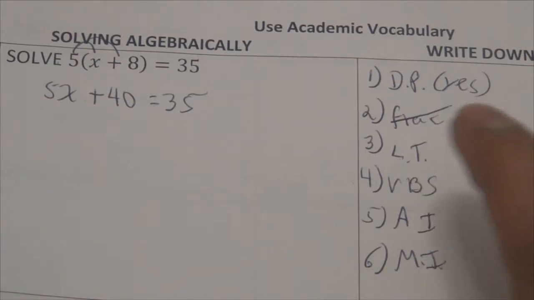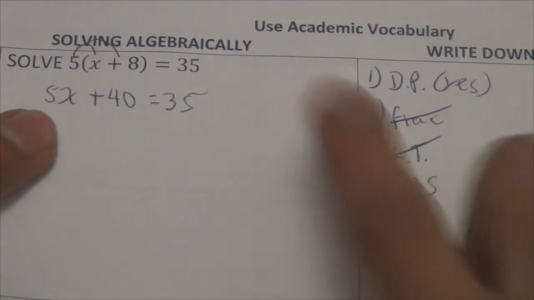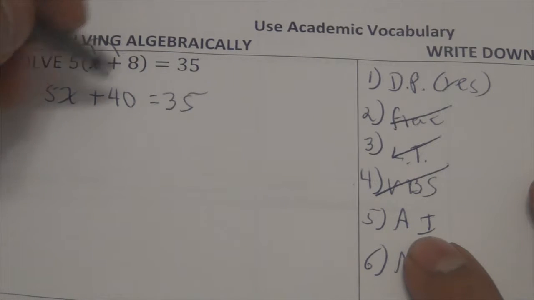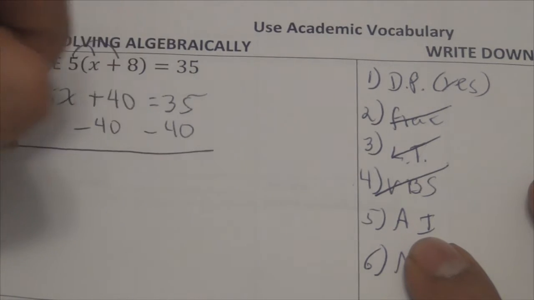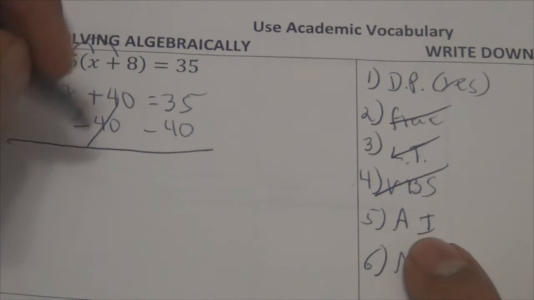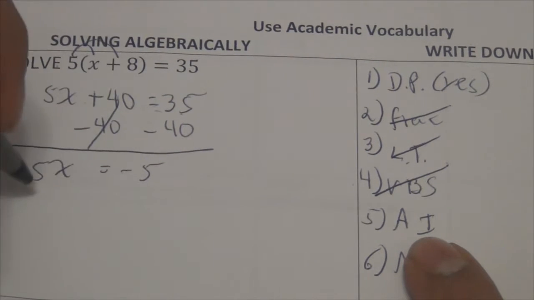Like terms on the same side, nope. Variables on both sides, nope. Additive inverse, is there a number being added to the letter? Yes. So additive inverse of 40 is negative 40. Then 5x equals 35 minus 40 is negative 5.